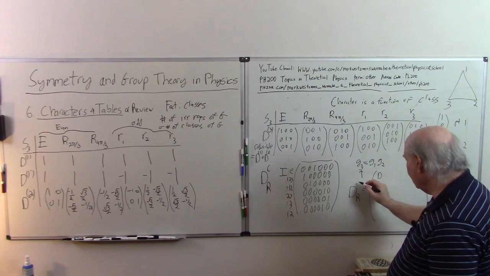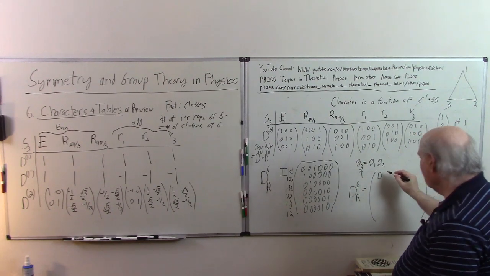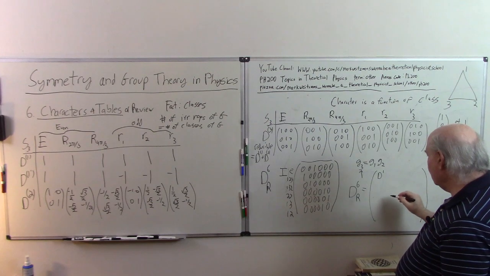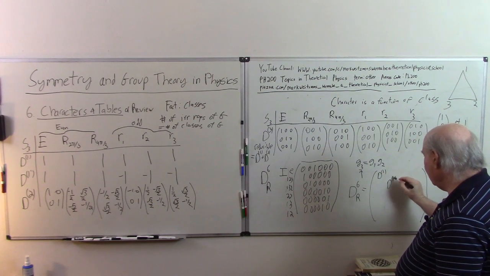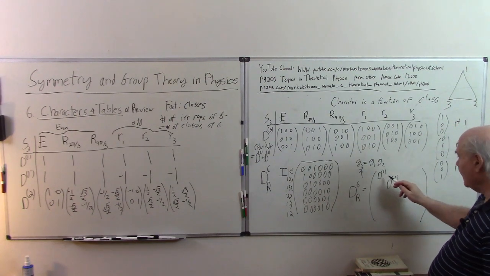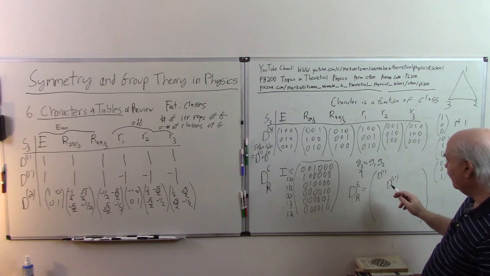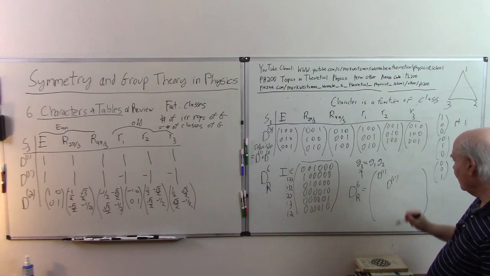Like, I'll do this in the case of D6. We're going to have D1 on the diagonal. We're going to have D1 prime on the diagonal. And the number of times that a representation is on the diagonal is just the dimension of the representation. So we have 2 one-dimensional representations, so these are there.